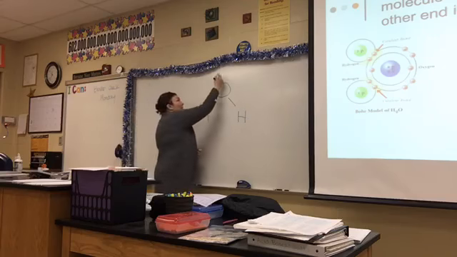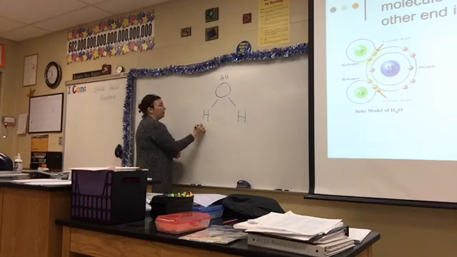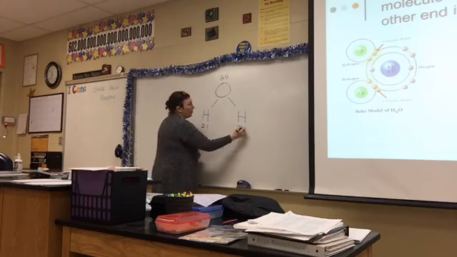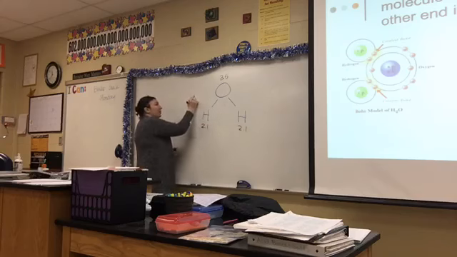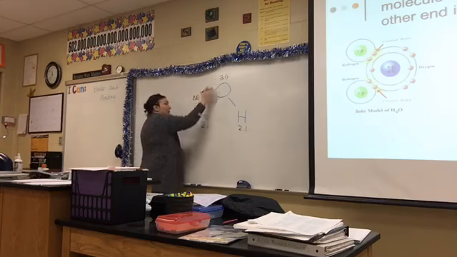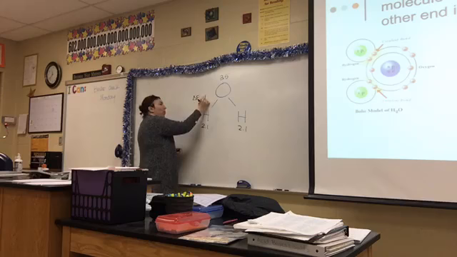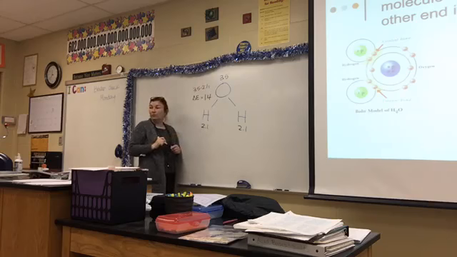This is 3.5. And each hydrogen is what? 2.1. So if I look at the difference in electronegativity between these two, it's going to be 1.4, correct? If I take 3.5 minus 2.1, it gives me 1.4, correct?